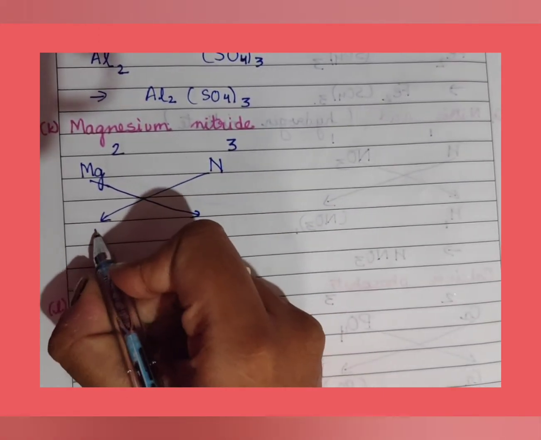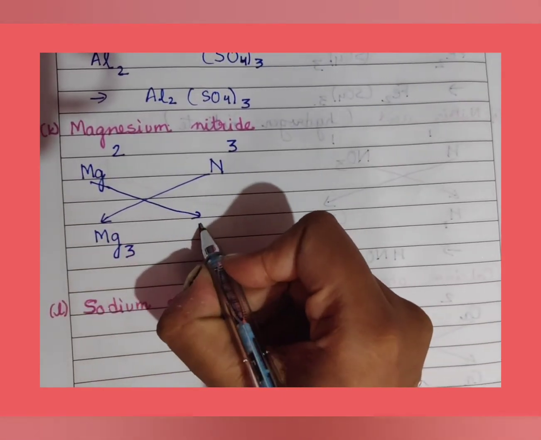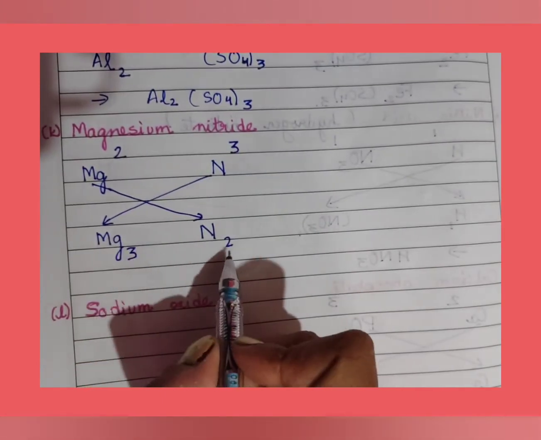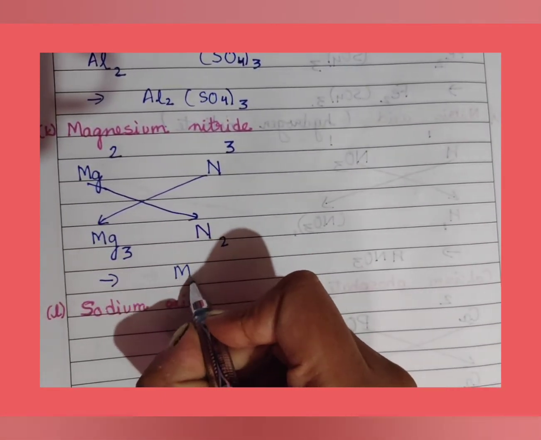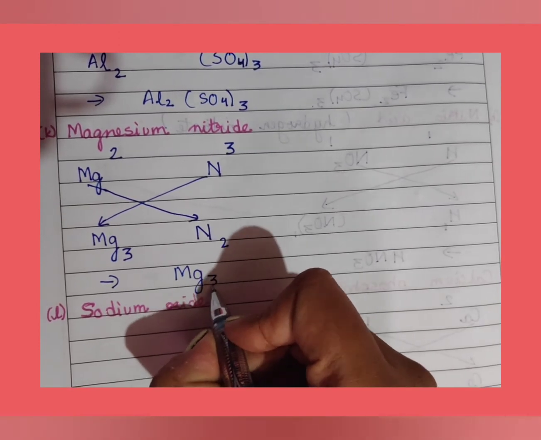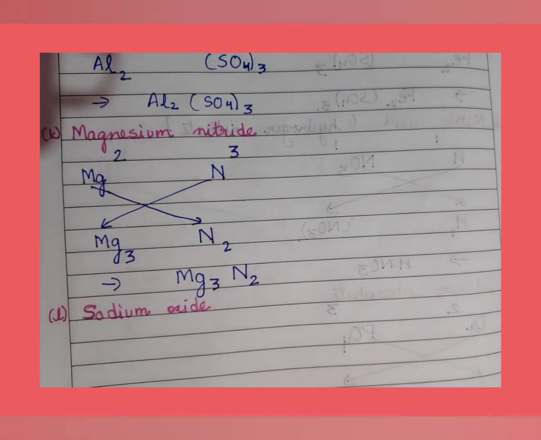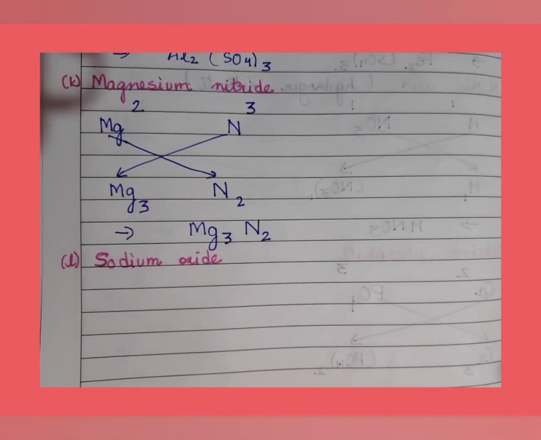So what do we get? Here we get Mg3, and what do we get here? 2. You see, they have interchanged the valencies. That's why it is called the crisscross method. So the formula is Mg3N2.